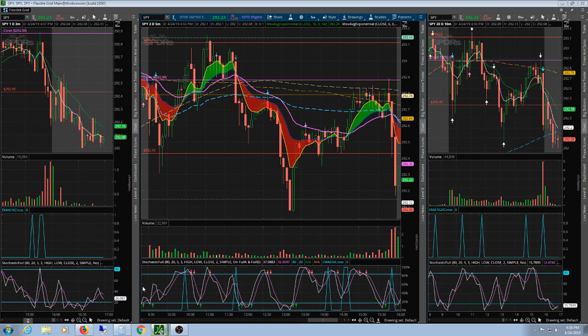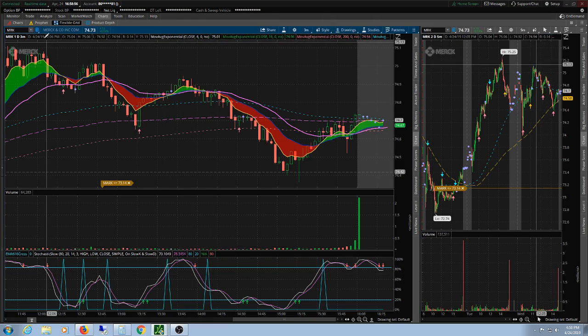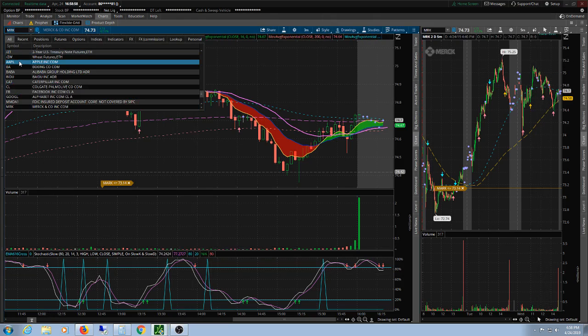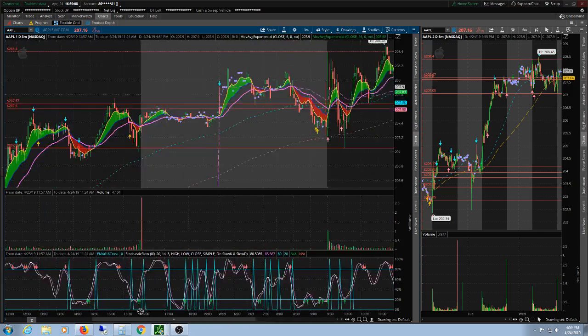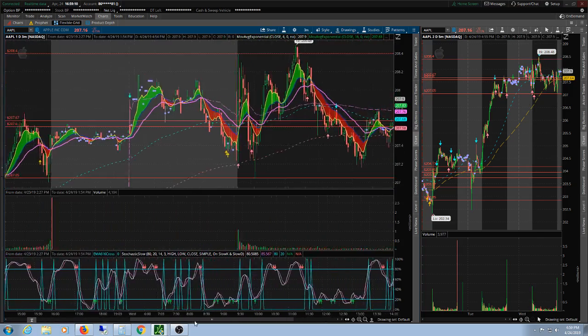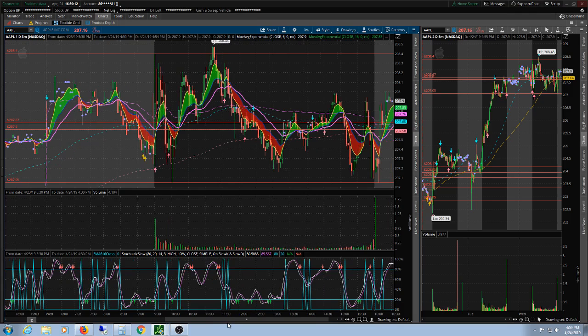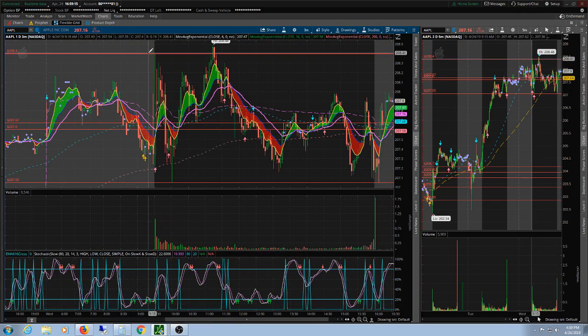I drew them on a few other charts today. I think I drew them on the Apple chart. Let's see how that looked today. Came up and tested it a couple times. I don't know why this one's here, what prompted me to put it there. It may have been after the morning highs, right there.